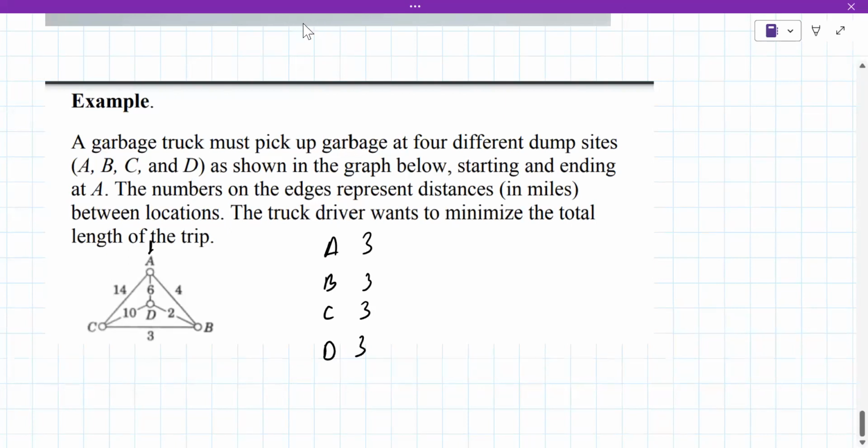That's not good. The problem here is there's not an optimal path, because you're going to rerun over one of these legs or sides. Because there's 4 odd vertices, that's terrible.